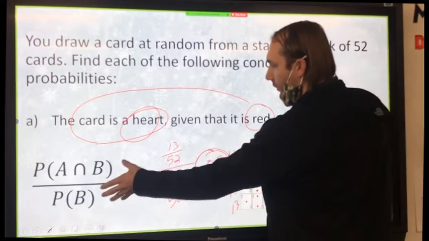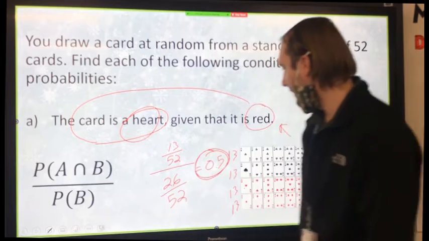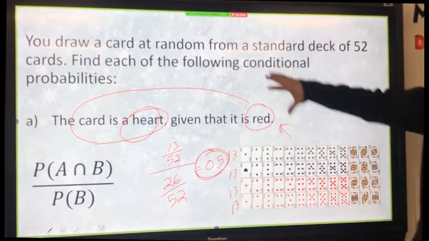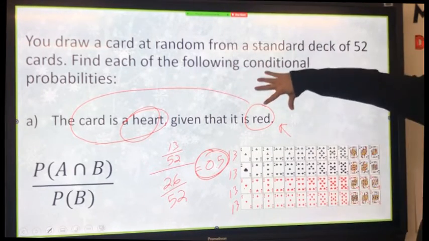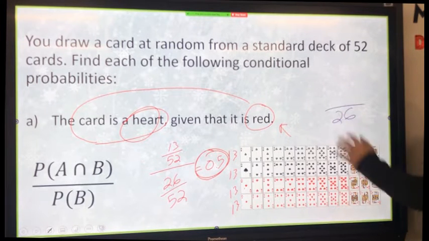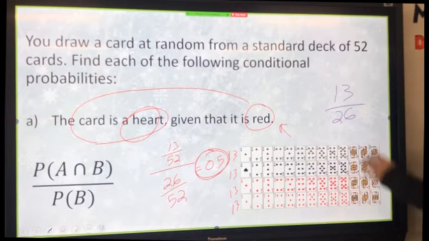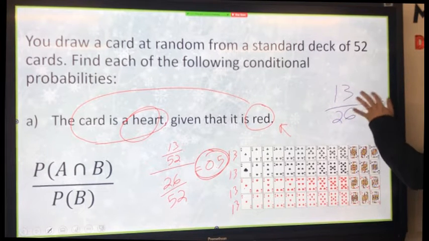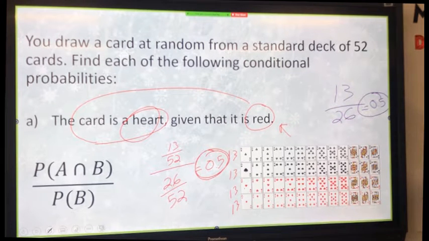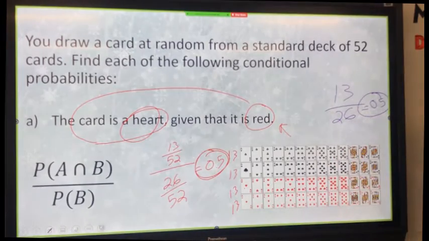Now you don't have to use this formula. I prefer that if you can figure out the logic behind it, then that's probably the best case, which is how many hearts are composed of red? Well, if I have 26 reds, how many of these are hearts? Well, 13 of those are hearts, which equals 0.5. So I have a 50% chance that if I draw a red card, it's going to be a heart, which should logically make sense, right?